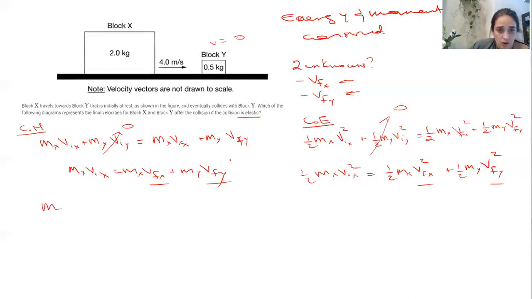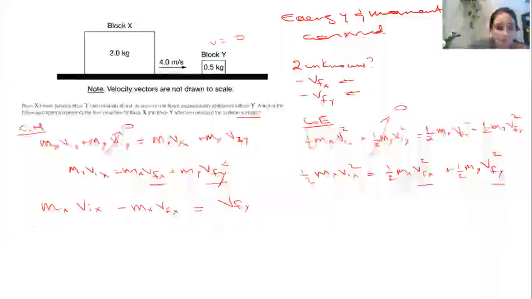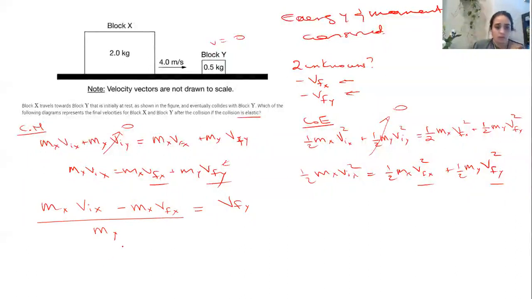Since I'm choosing to solve for v final y, my equation will look like this. I'm bringing this term, subtracting it on to the other side, so I have minus m_x v final x. And then the last step is, since I'm solving for v of y, I have to bring my mass divided over to this side. I'm going to rewrite that just so it's clear that this is a y and not an x.